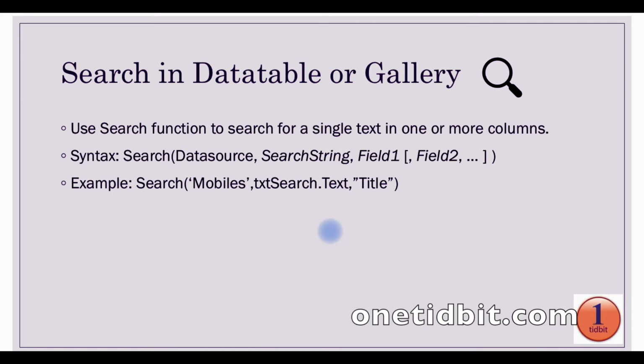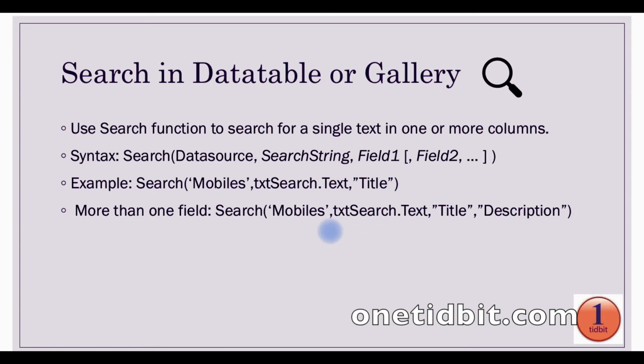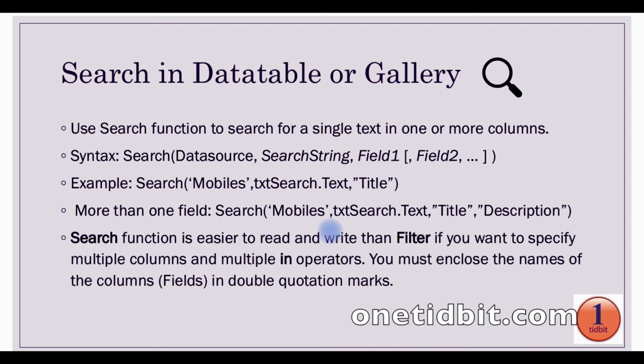For example, we can search mobiles in the text box, searching the title of the mobiles. For more than one field, we can give the columns in double quotes. Also, the Search function is easier to read and write than Filter.